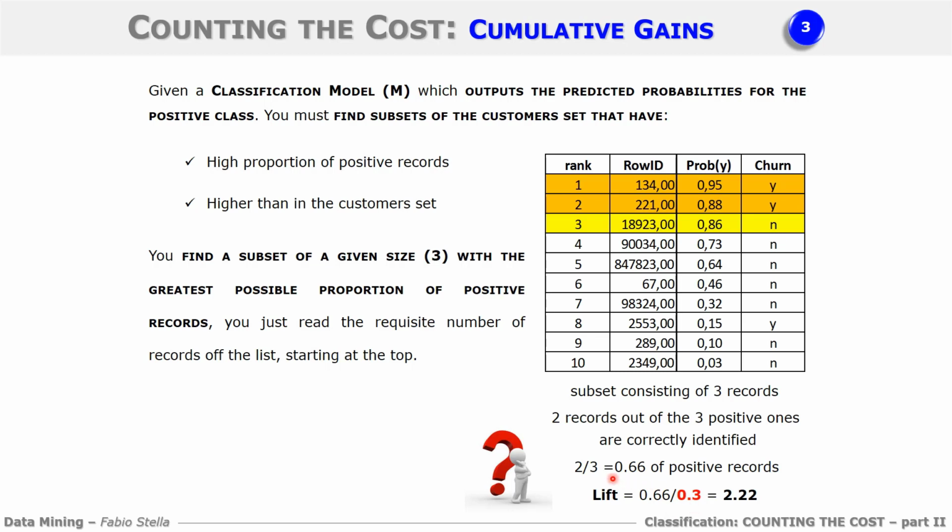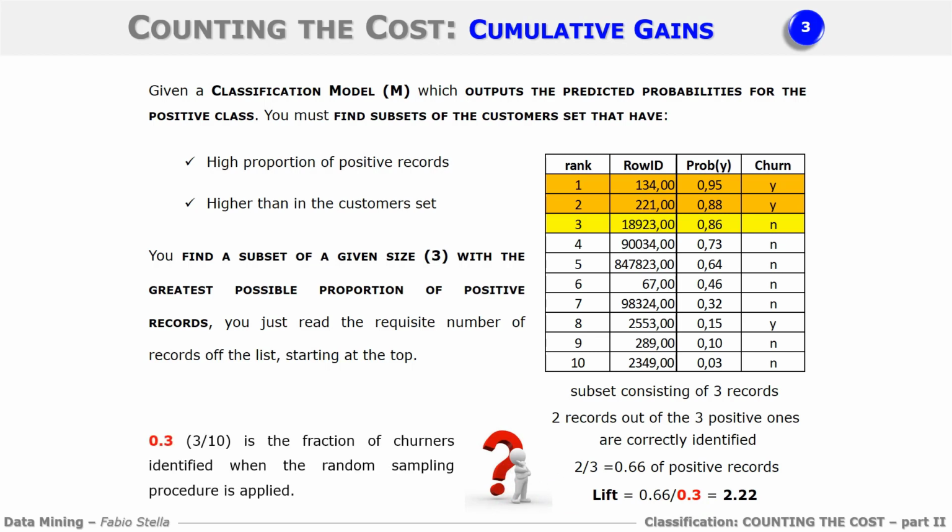But while the meaning of the term 0.6 is clear, indeed it simply represents the fraction of positive records, or the fraction of churners, which are correctly identified when using the classification model to select this subset of potential churners. Indeed, exactly 2 out of the 3 are correctly identified. The meaning of the term 0.3 is not clear. So what's the meaning of 0.3 here?